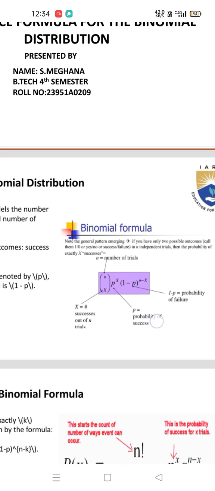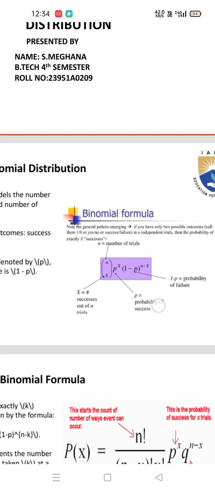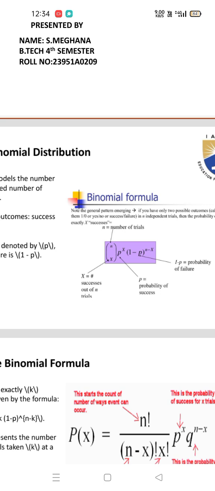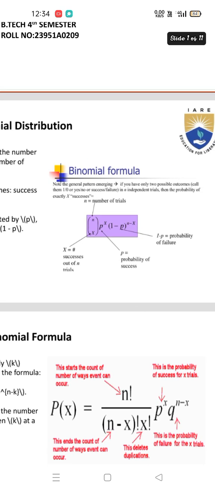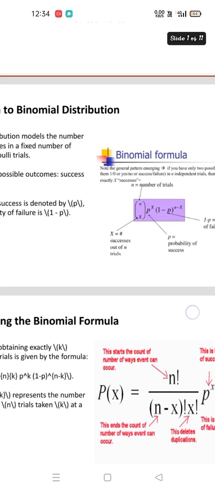Then the probability of exactly x successes is nCx p^x (1 minus p)^(n minus x), where x is the number of successes out of n trials, p is the probability of success, and 1 minus p is the probability of failure.